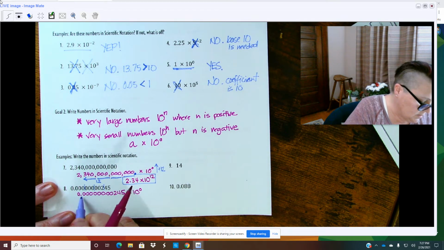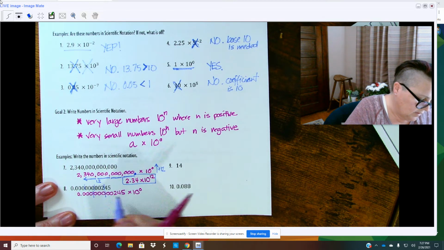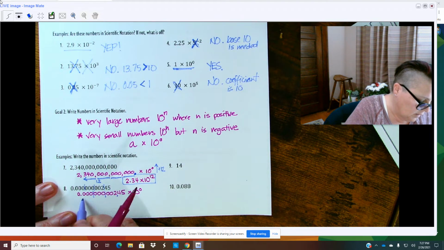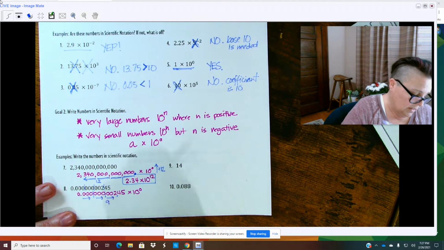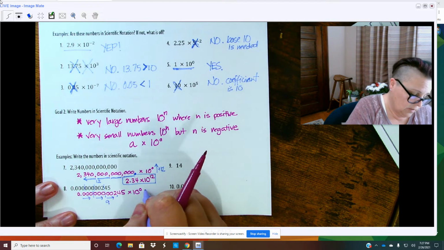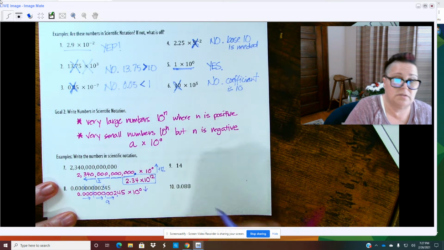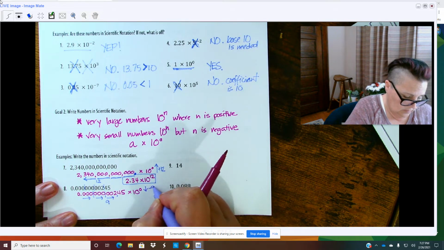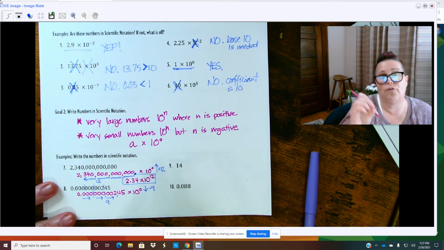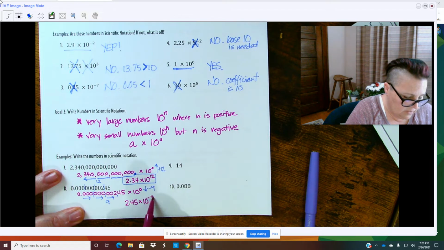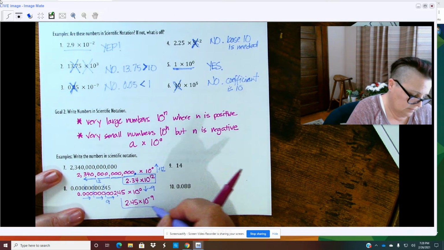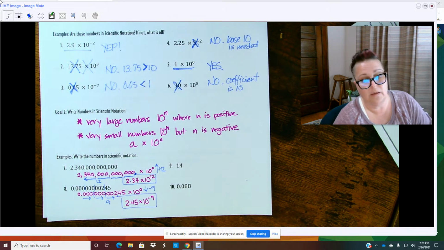I need to move my decimal point 1, 2, 3, 4, 5, 6, 7, 8, 9. So I got to go 9 places to the right. And when I go 9 places to the right, that's going to subtract 9 places from my exponent. So this one will be 2.45 times 10 to the negative 9th. Beautiful.